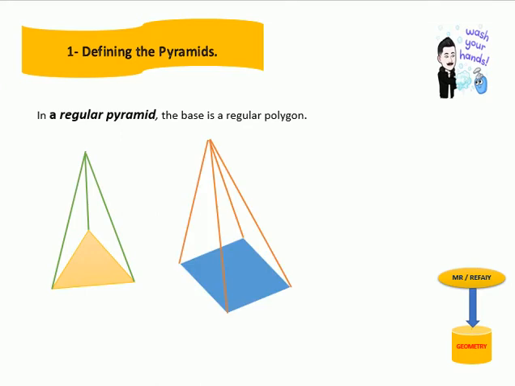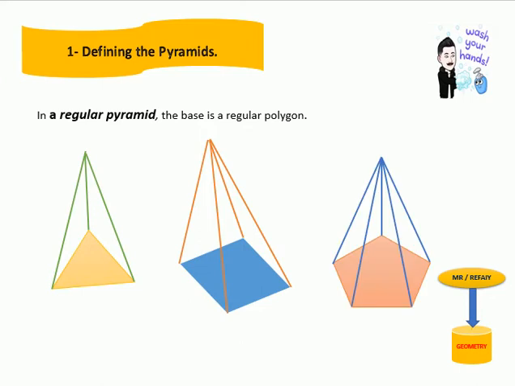The second one here, its base is a square, so we call it a regular pyramid. The third one here, its base looks like a regular pentagon, so we can also call it a regular pyramid.